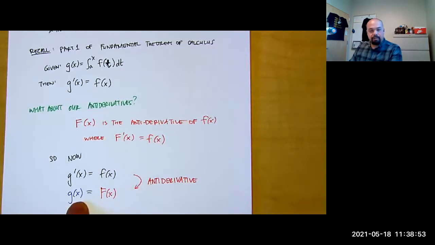So derivative of g gives me g prime. Derivative of capital F gives me little f of x.